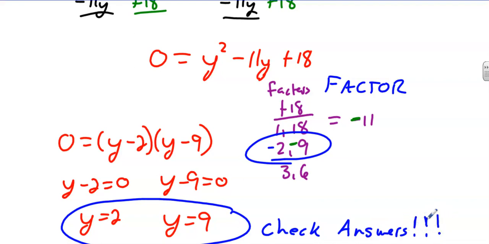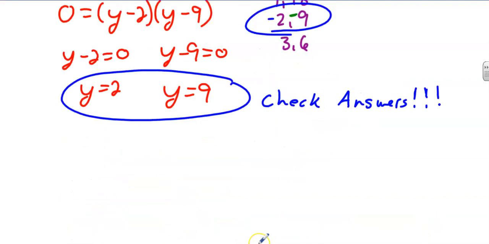But again, we have to check the answers. If you get one that's negative, that's definitely a red flag. Both of these were positive, so both of them might work, but we've got to double check and make sure how this thing sets up, because sometimes they look good, but when you go back and check, they don't work out quite like we thought they should.